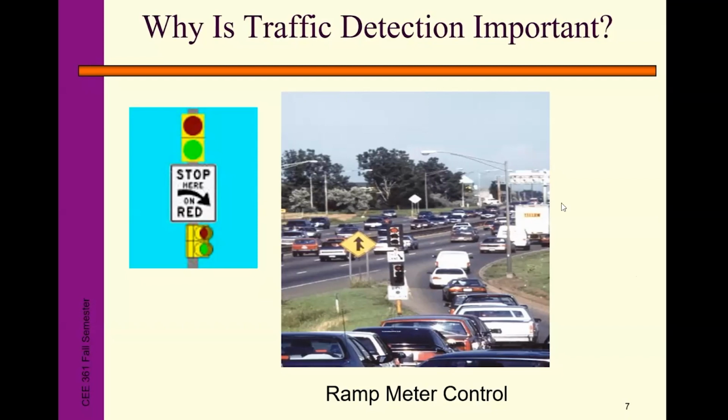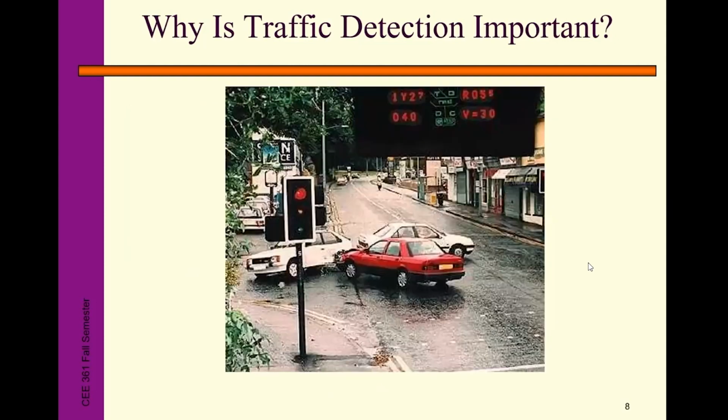Then vehicles can join the freeway using the green indication. How do we determine the ramp meter rate? This relates to the detection system and detector data. We use the sensor data, perform the analysis, and eventually determine the appropriate ramp meter control rate and regulate how fast traffic can join the freeway mainstream.